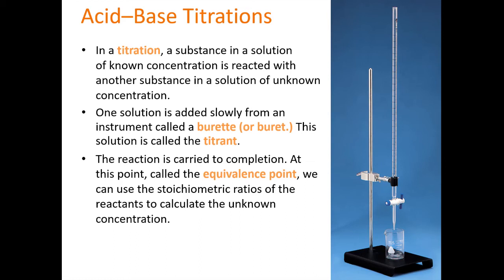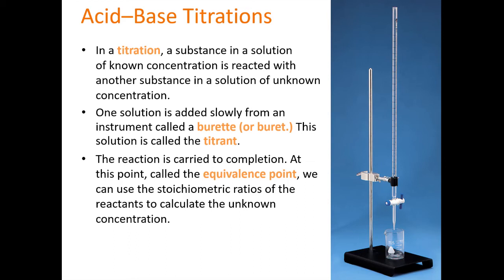One solution is going to be added slowly from this instrument we call a Buret. It can be spelled with a double T-E or just with a single T, and you can see it there on the right. It's a long glass tube with markings, a graduated scale. And the solution that we put in that instrument is called the titrant.